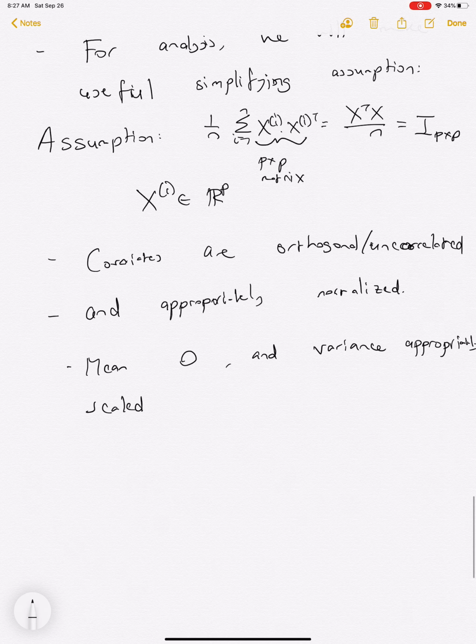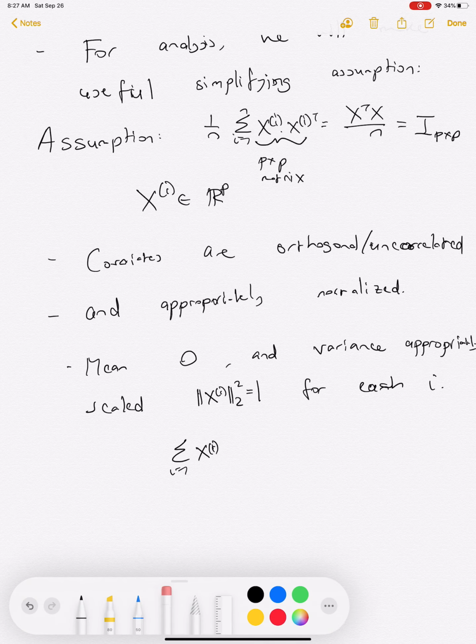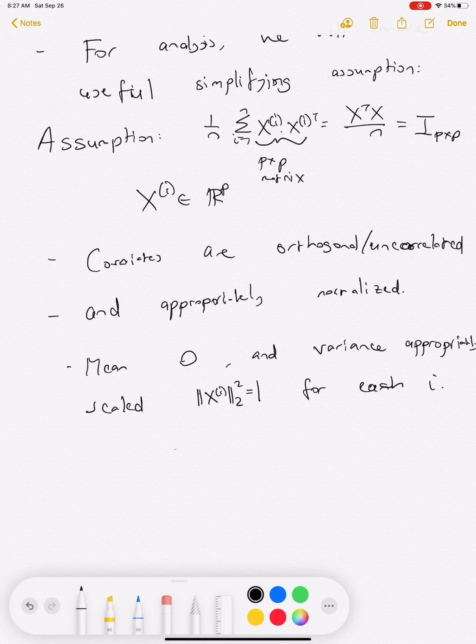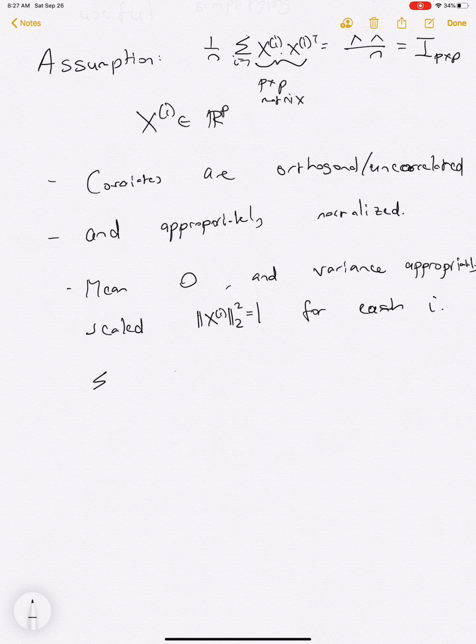So we ensure that the norm of xi squared equals 1, so the squared L2 norm is equal to 1.